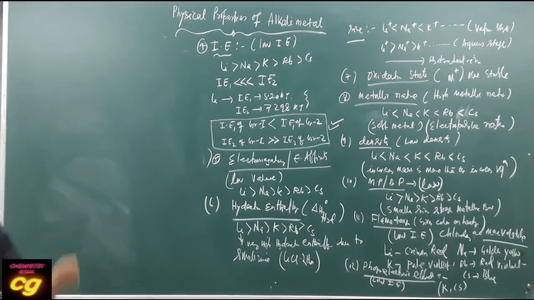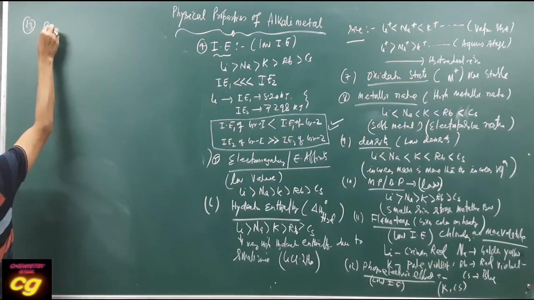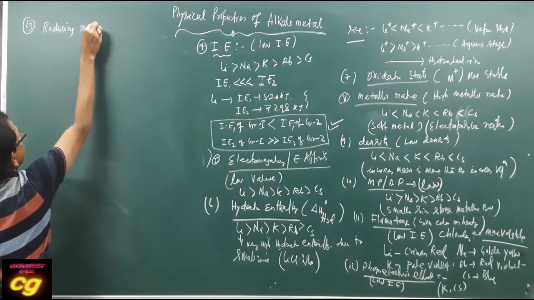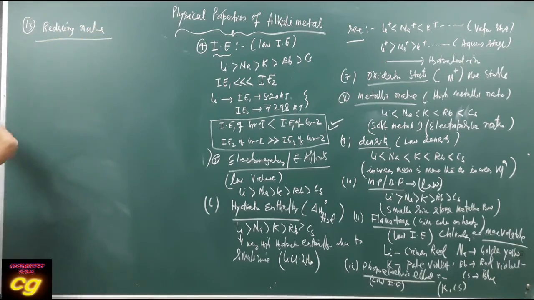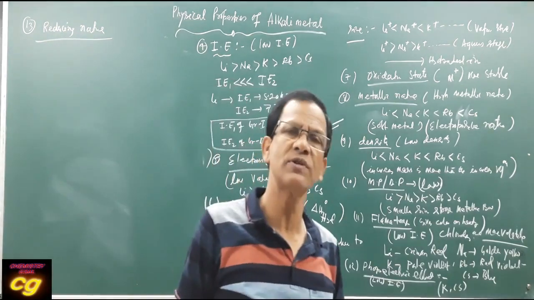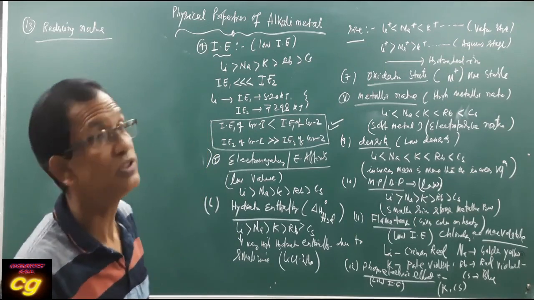Okay. The next property is reducing nature. You already know alkali metals have a tendency to lose electrons. The substance which loses electrons is called a reducing agent.